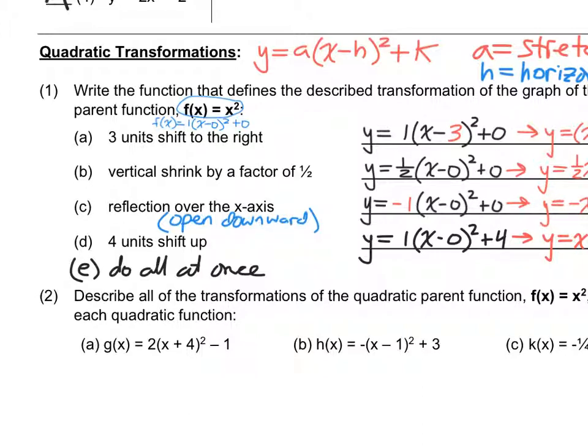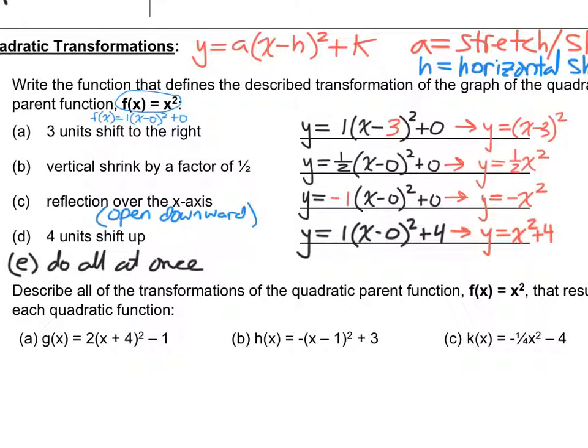So what I mean by that is, let's do all of this stuff in one shot and create a mega equation. So I want something that's 3 units shifted to the right, a vertical shrink factor of 1/2, a reflection over the x-axis, and also a 4-unit shift up. So it's negative 1/2 (x minus 3) squared plus 4. Indeed. Wow, Jason.